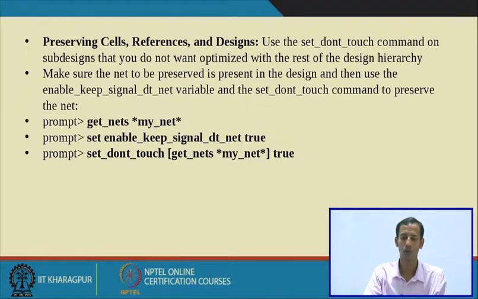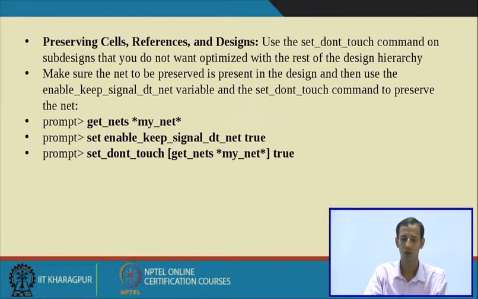Suppose I want to preserve the cells, references and design while we are saving it or working on it. At that time, as I said, you have to use don't touch network. If you use this command set_dont_touch, whatever instances or design you mention will not be touched.